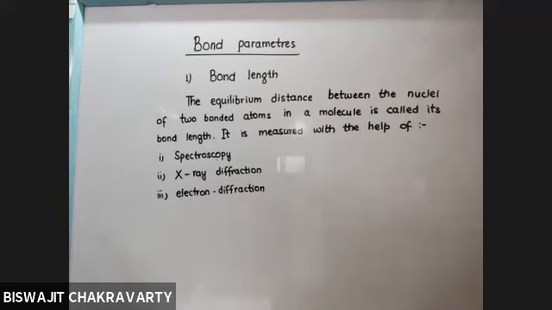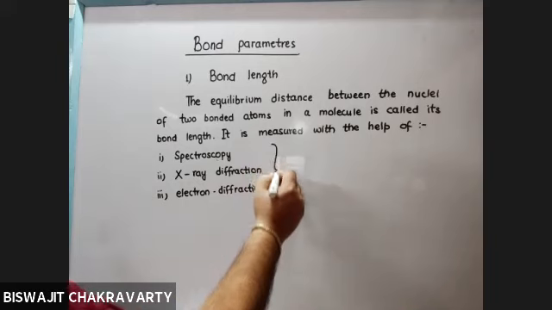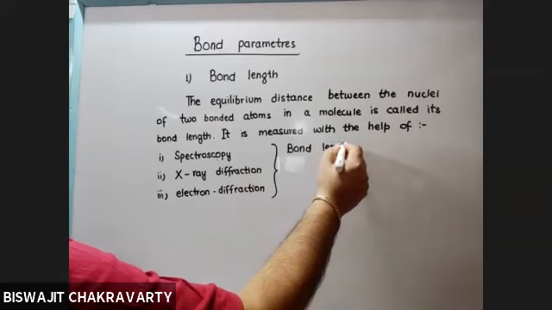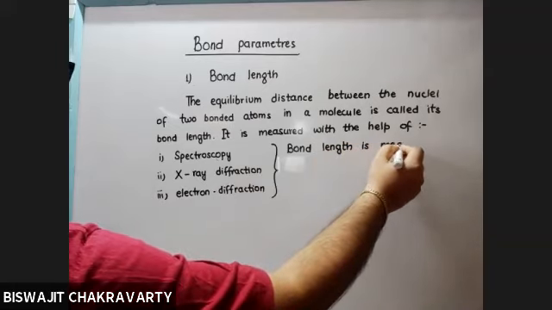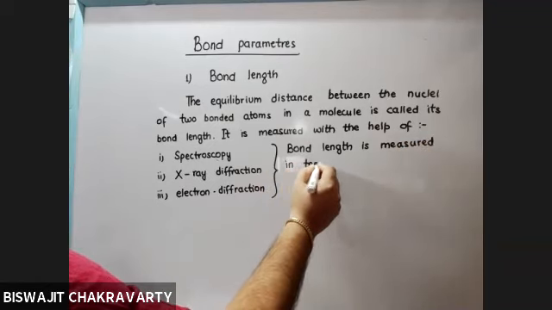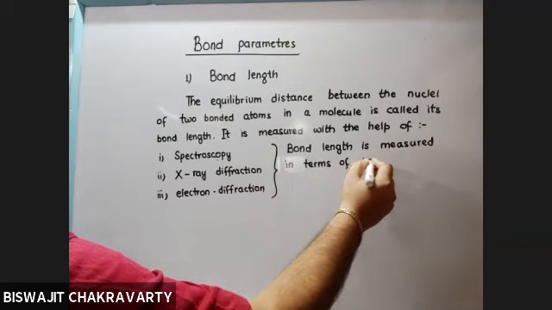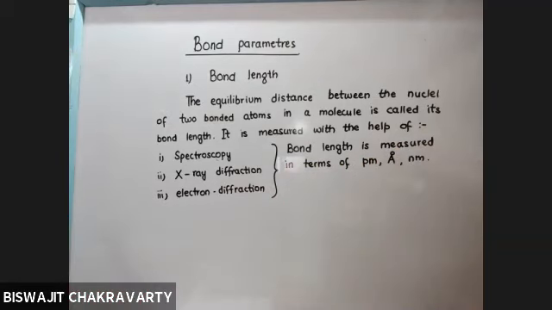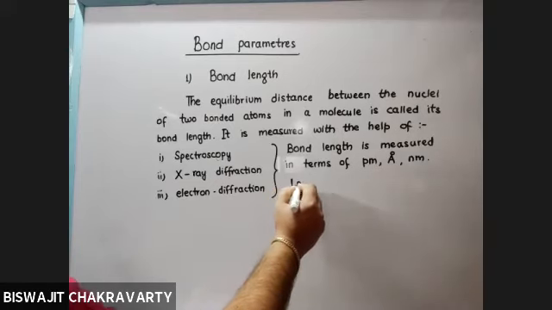So in general, the bond length is measured in terms of very small distances: picometers, angstrom, and nanometers. Can anyone tell me what is the relation between picometer and meter? 1 picometer is how many meters? Can you recall?